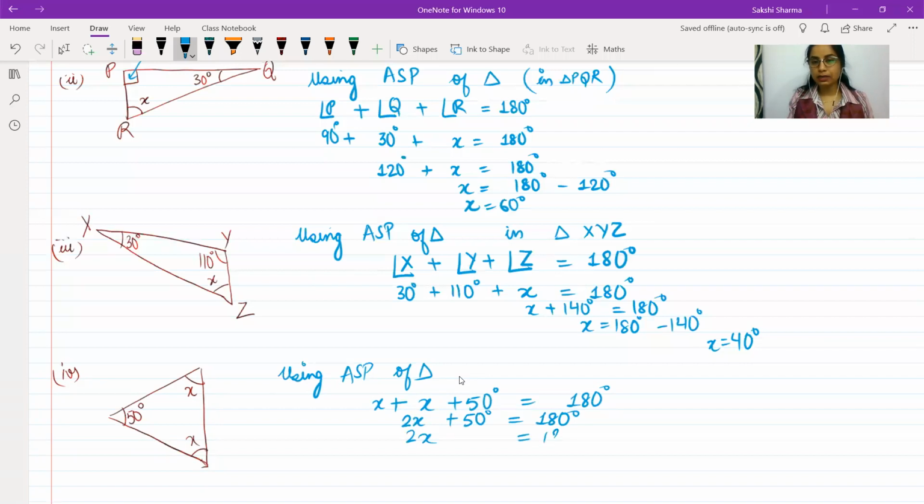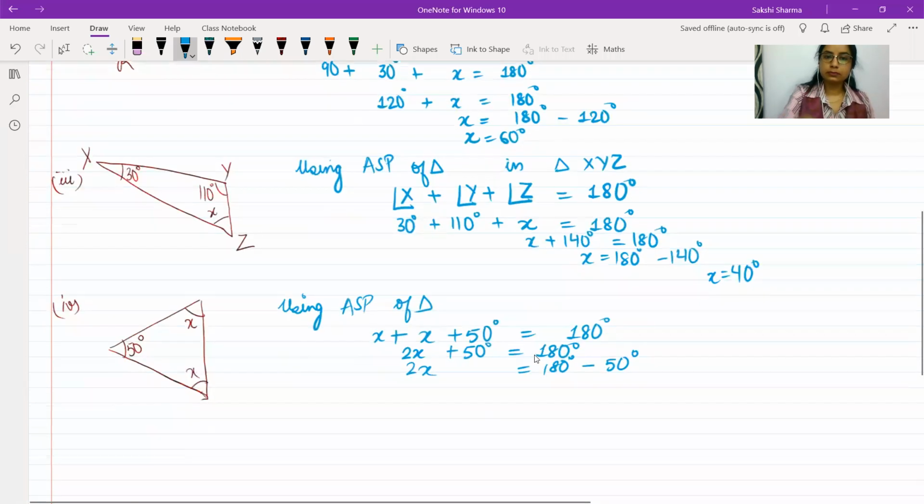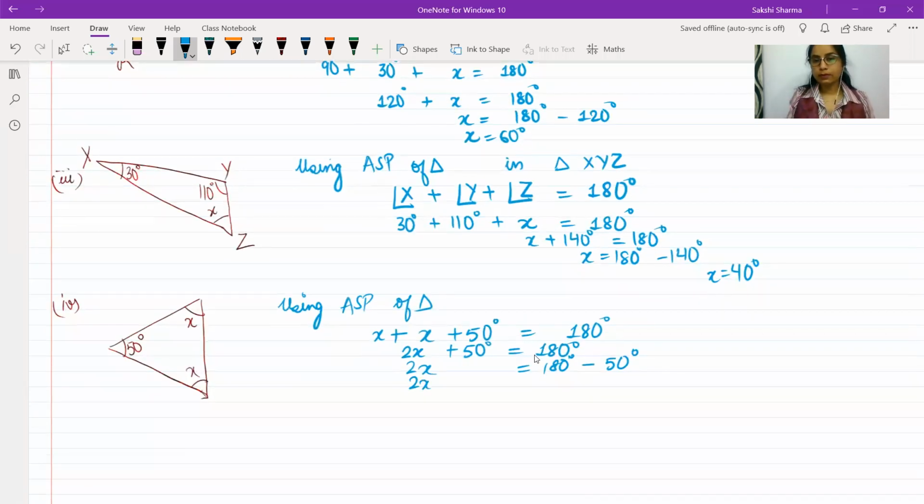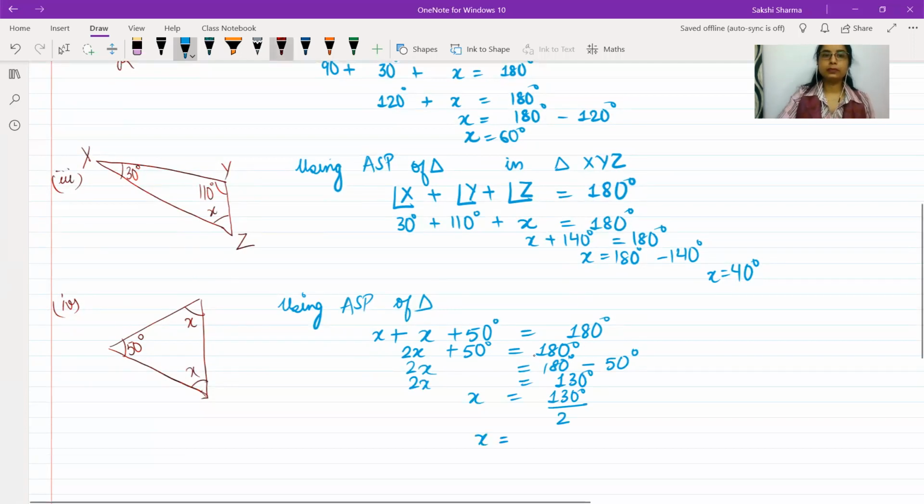Plus 50 will be taken to the right hand side. It will become minus 50. The value of 2x is 130 degrees. From here, x will be equal to 130 degrees over 2. Now you can cancel and obtain your answer.